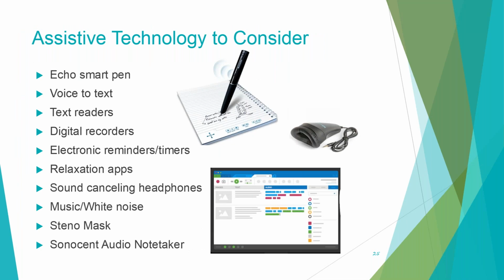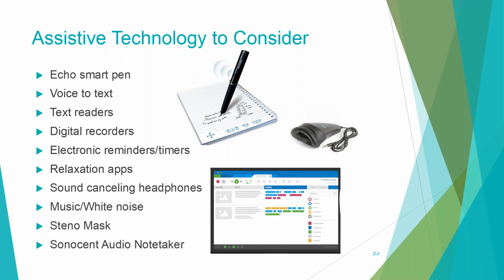There's a lot of assistive technology out there, but a couple of things that I really wanted to point out is the Echo Smart Pen. If you don't know, it was invented by a businessman who wanted to be able to record business meetings and take notes, but he wasn't able to catch everything.